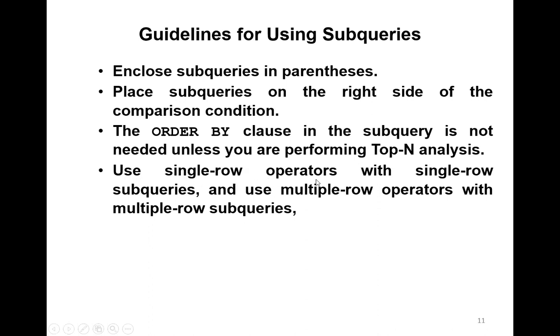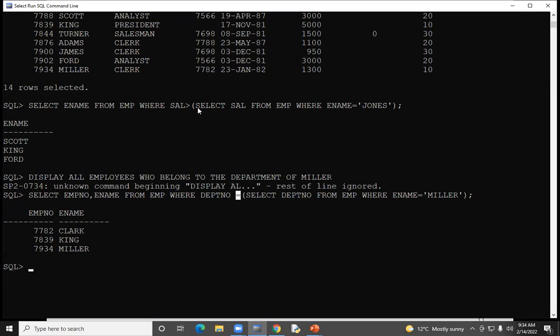Then use single row operators with single row subqueries and use multiple row operators with multiple row subqueries, right? Both these subqueries here are returning single values. We get a value of 800 here, or whatever the salary of Jones is, and here we get department number 10. If you have a single row subquery, you should use a single row operator.